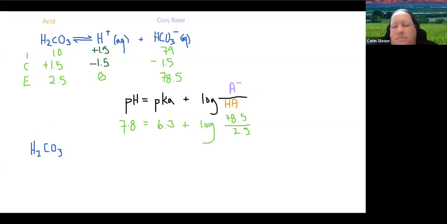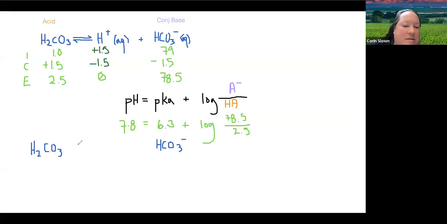What do you think? The short answer is it's going to react with the carbonic acid first, but if there's strong enough base and or if there's base left over, it can also react with the HCO3.